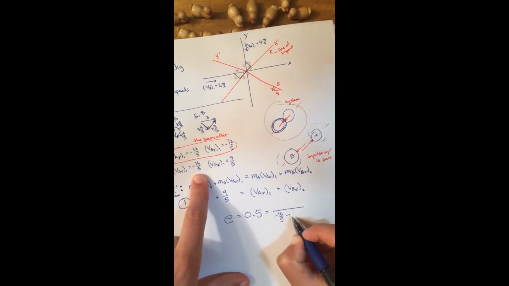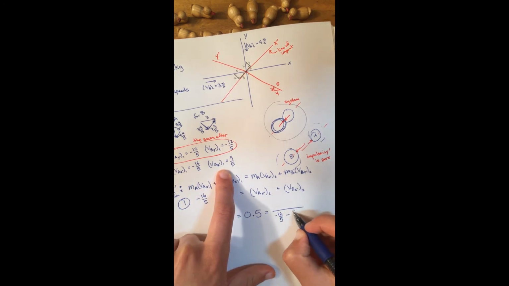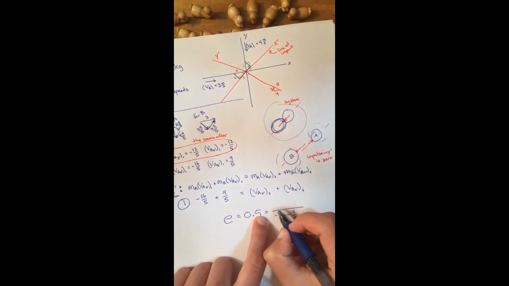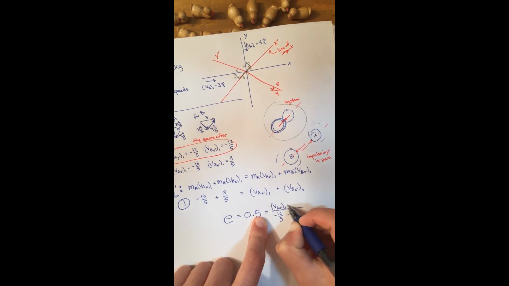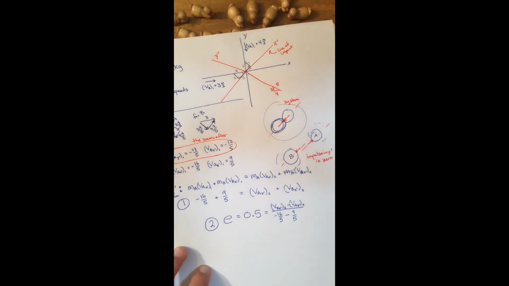And then it's minus VBX prime. So it's minus 9 over 5. So in the numerator, it's VBX prime. This is after the collision. Minus VAX prime after the collision. And this is equation 2.